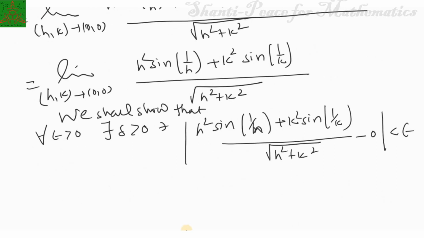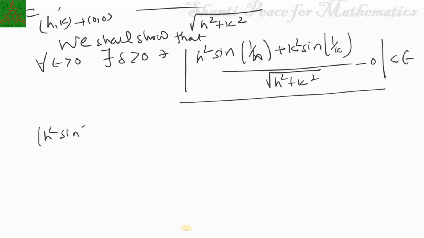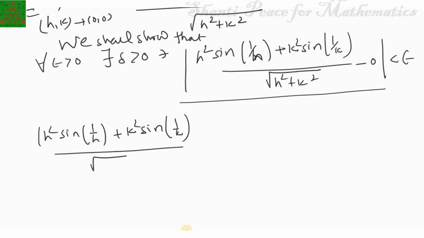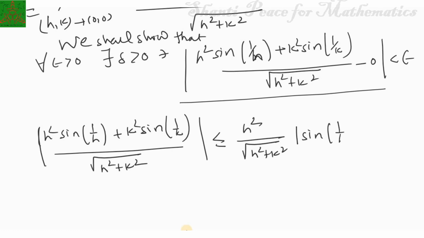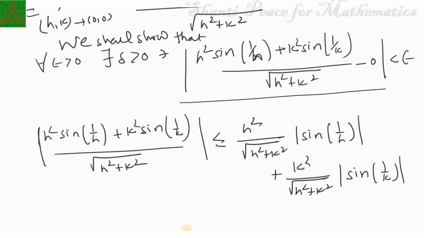This we need to prove. So I am starting with this side, that is the modulus of h squared sine 1/h plus k squared sine 1/k upon square root of h squared plus k squared, that by triangle inequality we can write as h squared upon square root of h squared plus k squared times the modulus of sine 1/h, plus k squared upon square root of h squared plus k squared times the modulus of sine 1/k. But the sine function is always less than or equal to 1.